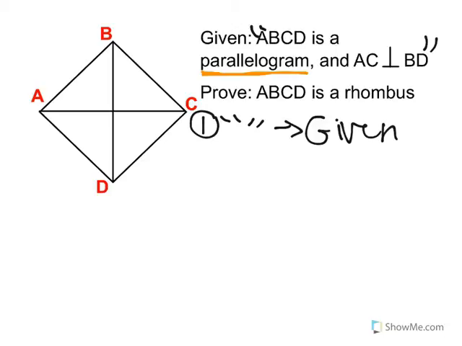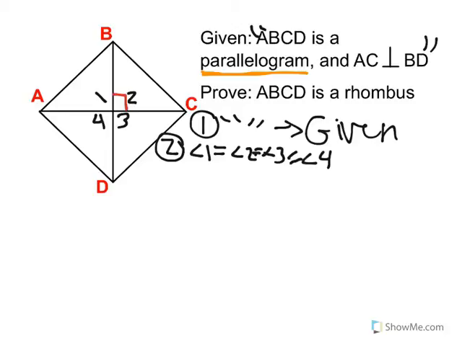And since AC is perpendicular to BD, then we have a right angle. All of these angles, I'll put some numbers there, are going to be right angles. They're vertical, and if one of them is 90, then they're all going to be 90. So I can say that angle 1 is equal to angle 2 is equal to angle 3 is equal to angle 4.